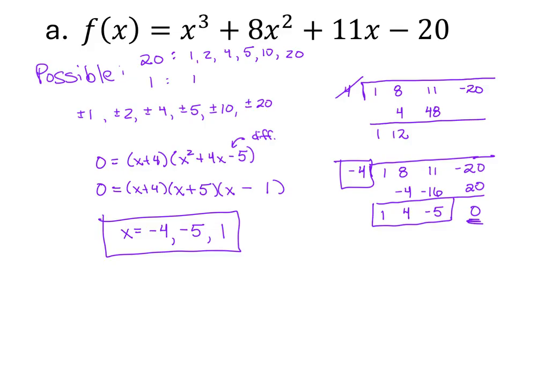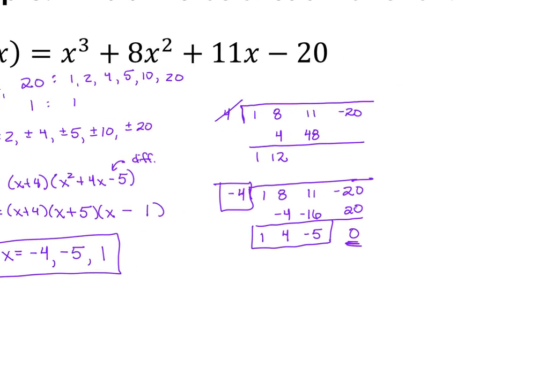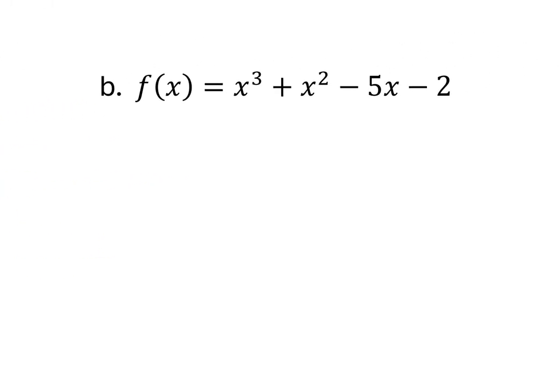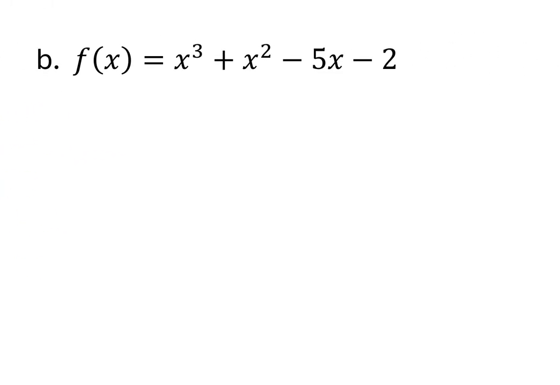All right, let's go ahead and look at another example. Okay, we have f of x equals x cubed plus x squared minus 5x minus 2. All right, so this one's going to be a little bit nicer at the beginning.